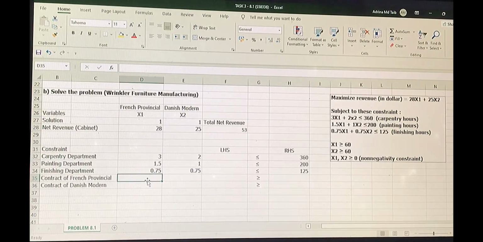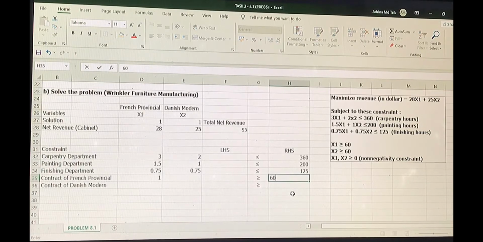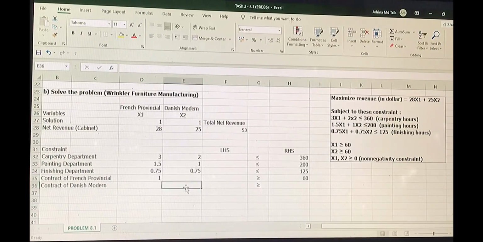The fourth constraint is x1 is 1, greater than or equal to 60. So we put 60 over here at the right hand side. And the last constraint, the fifth constraint, x2 refers to 1, and this constraint shows greater than or equal to 60. So we put 60 here at the right hand side.